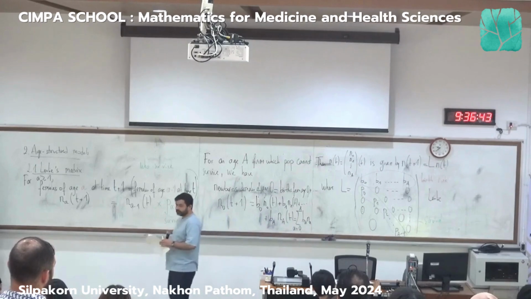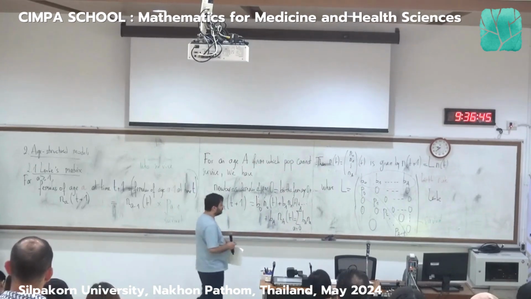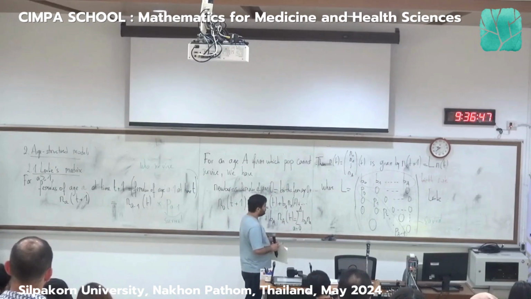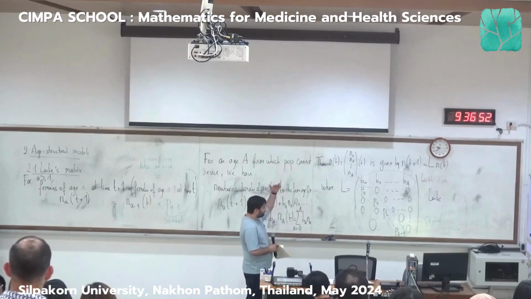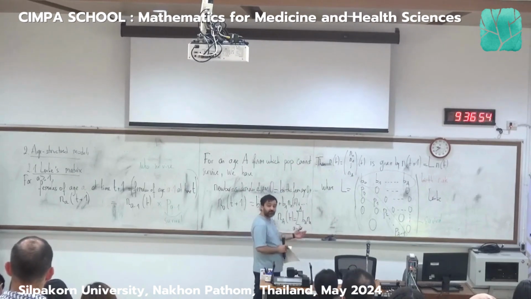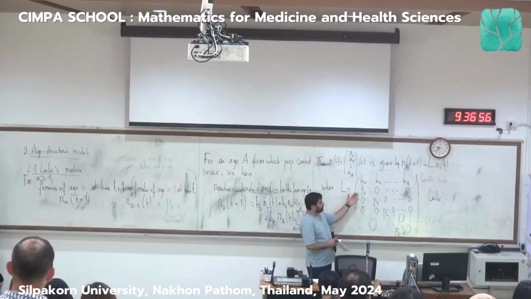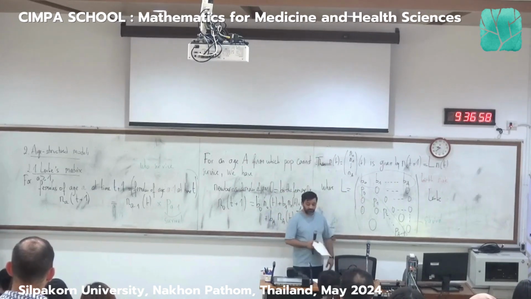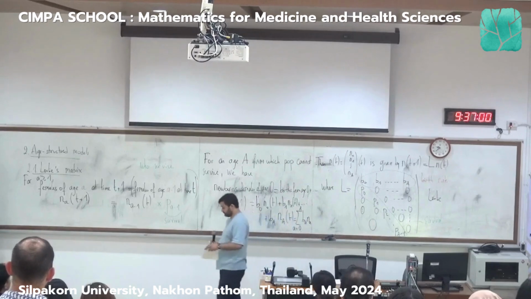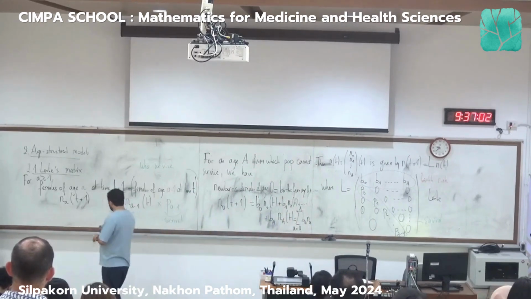For example, for plants, there is a data website where you can find the Leslie matrix for many plant species.